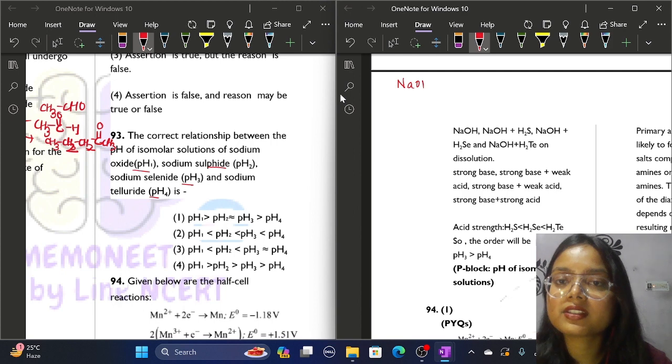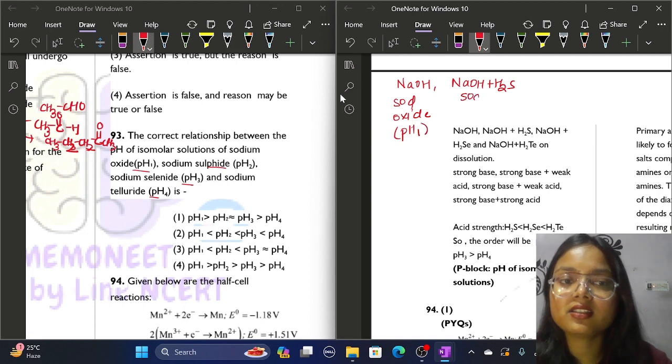Sodium hydroxide, then sodium hydroxide plus H2S. This is sodium oxide having pH 1. This is sodium sulfide having pH 2.